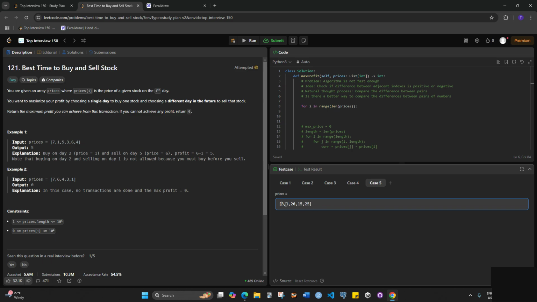Yeah, okay, something like this, because the 1 to the 20, that's increasing, that's very good, but then from 20 to 15, if it drops, maybe if the difference is less than the previous gain.